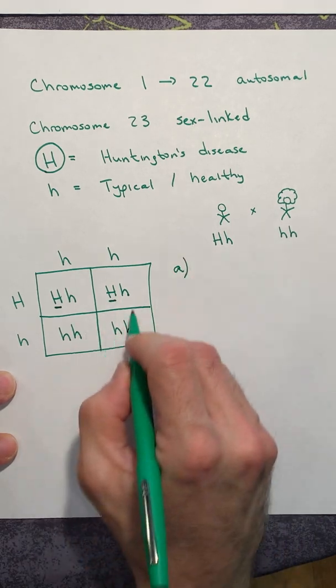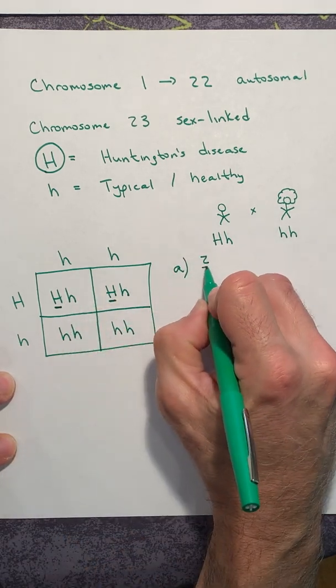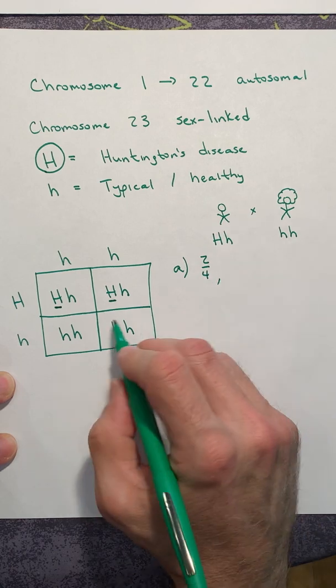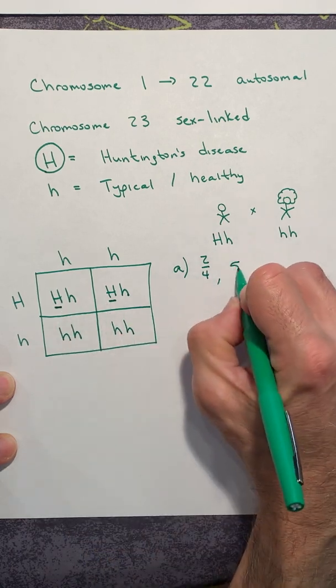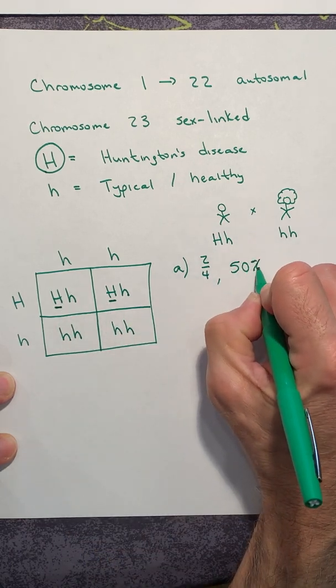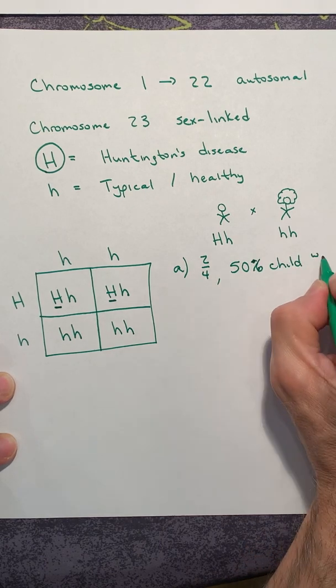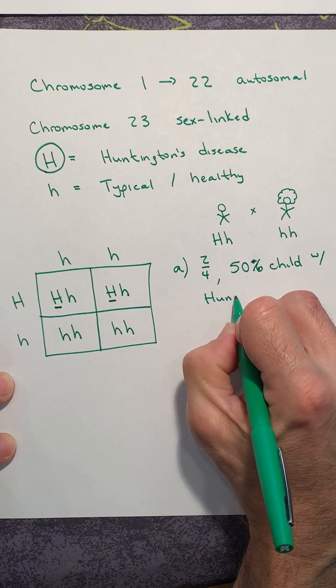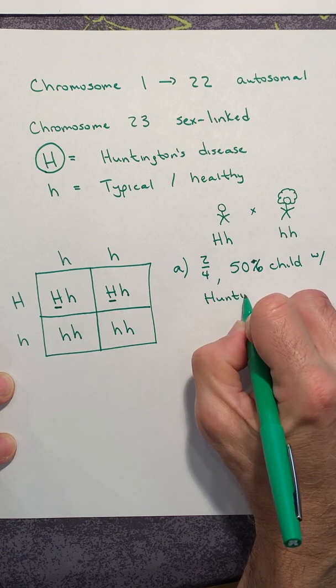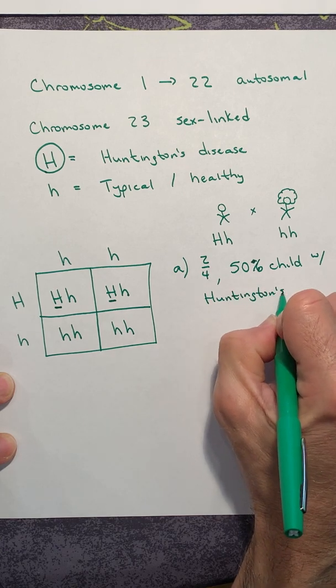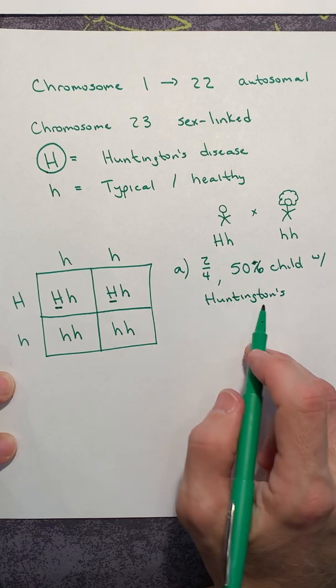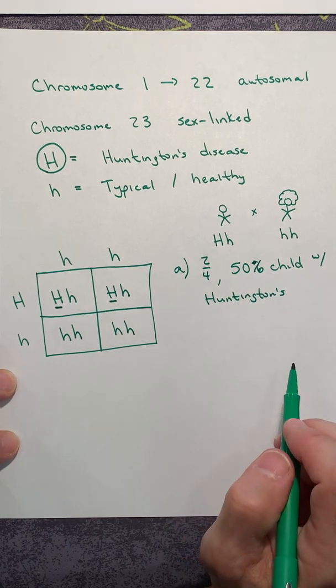Out of 4 different possibilities, 2 out of 4 could have the Huntington allele, or they have a 50% chance of a child with Huntington's. That's really, really serious. They have a 50% chance.